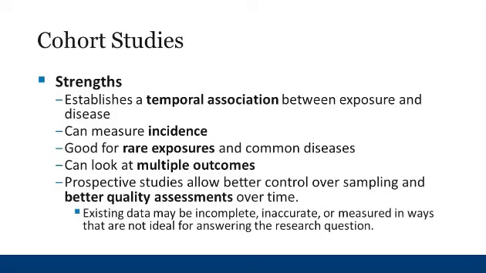So for example, if you want to look at, and you'll see this pop up again later, blood pressure measurements. If we just pull it from existing records, there's really no standard protocol for that. So if you just pull blood pressure measurements from the VA, you're going to get blood pressures that were taken from patients that have not been sitting down for 5 minutes, taken with different types of cuffs, taken at different times of day. And so you're going to see a lot of error in that.